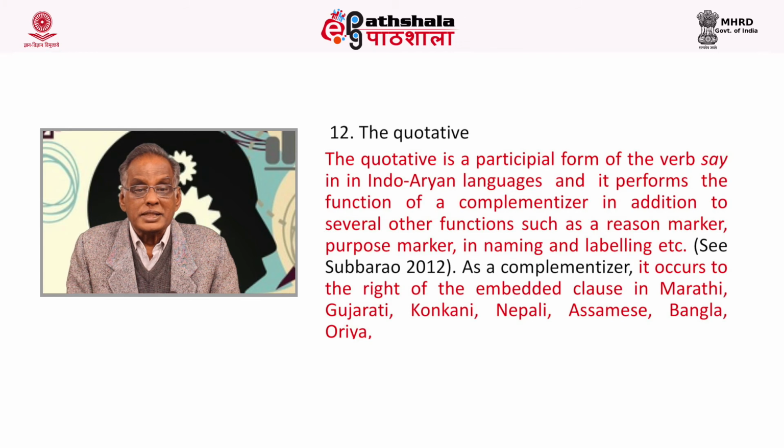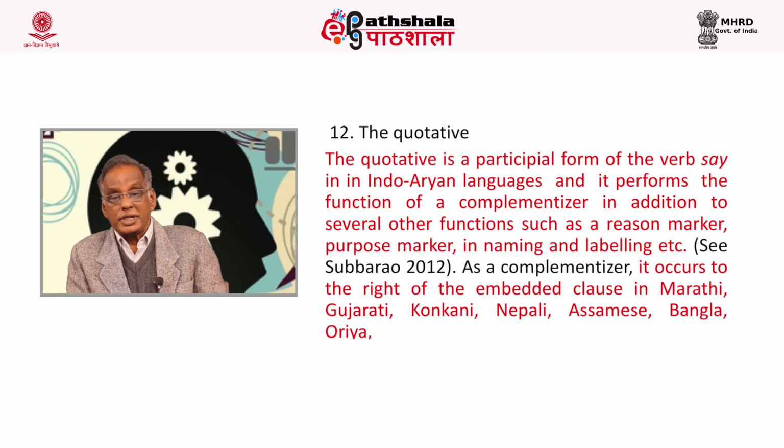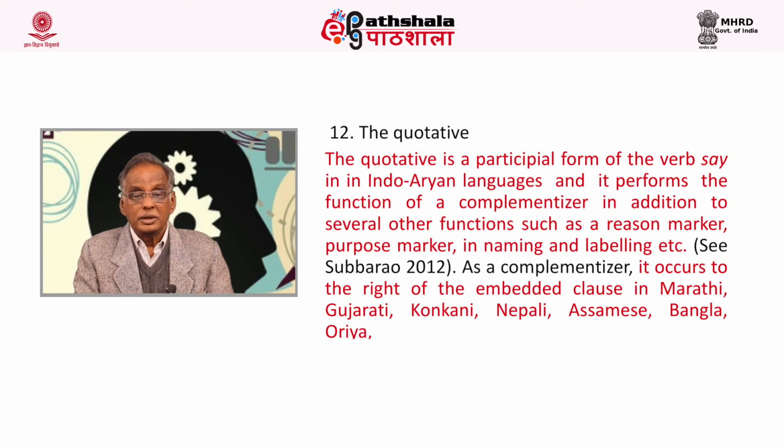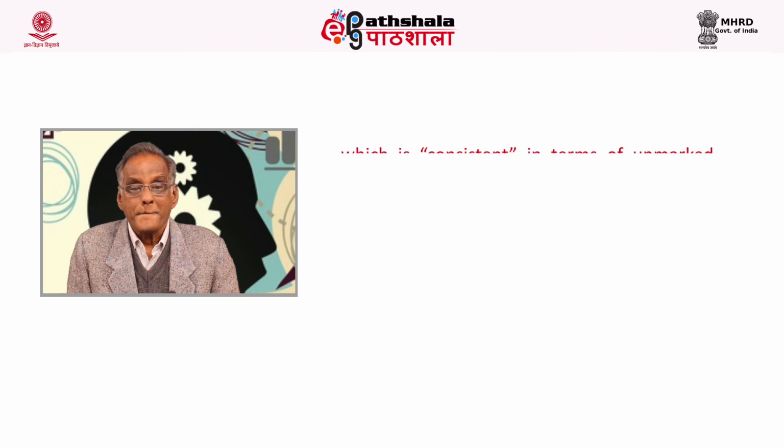As a complementizer, the quotative invariably occurs to the right of the embedded clause in Marathi, Gujarati, Konkani, Nepali, Assamese, Bangla, Odia, etc. Such occurrence of the quotative to the right as a complementizer is consistent with the unmarked sentence structure of verb final languages.